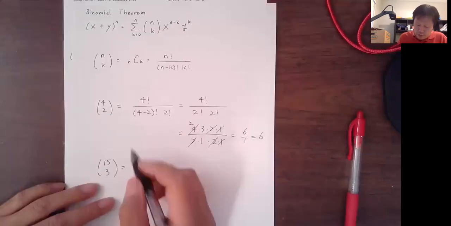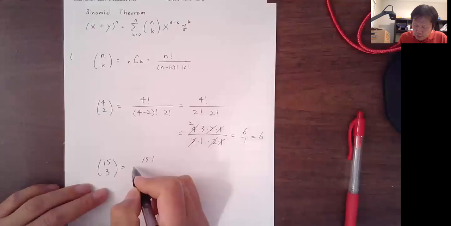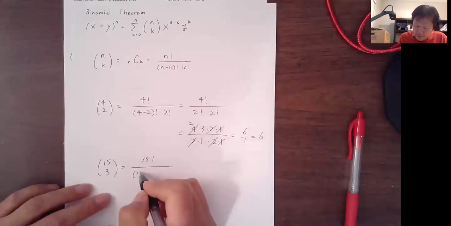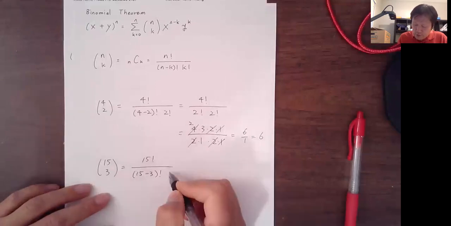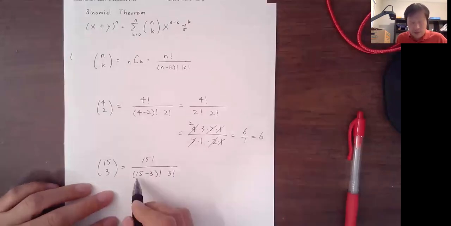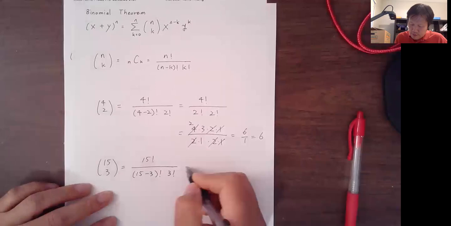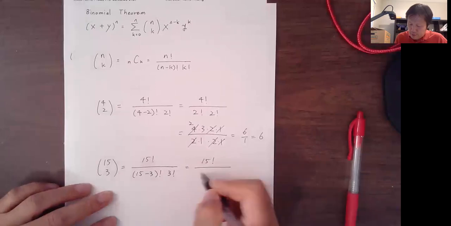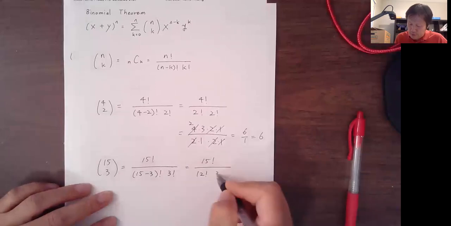So you will have to do 15 factorial over 15 minus 3 factorial on the denominator. 15 minus 3 is 12. So it's 15 factorial over 12 factorial times 3 factorial.